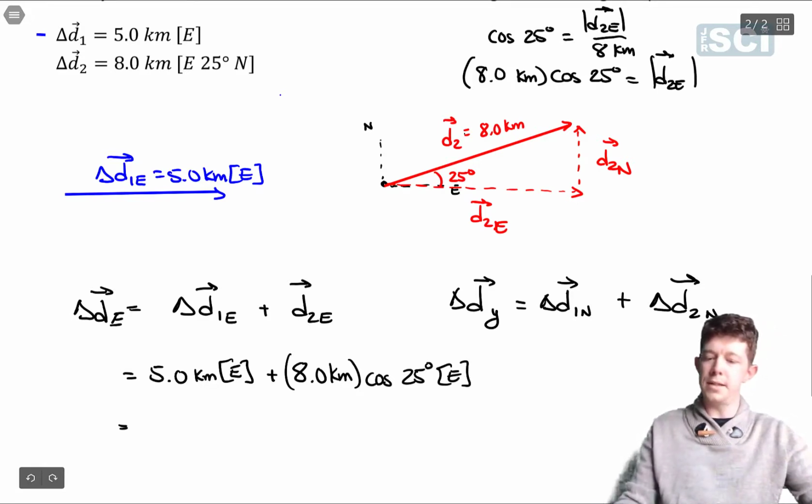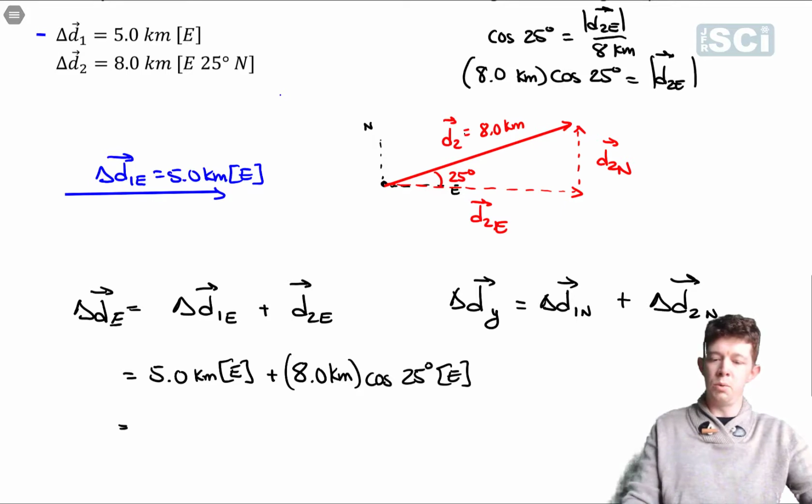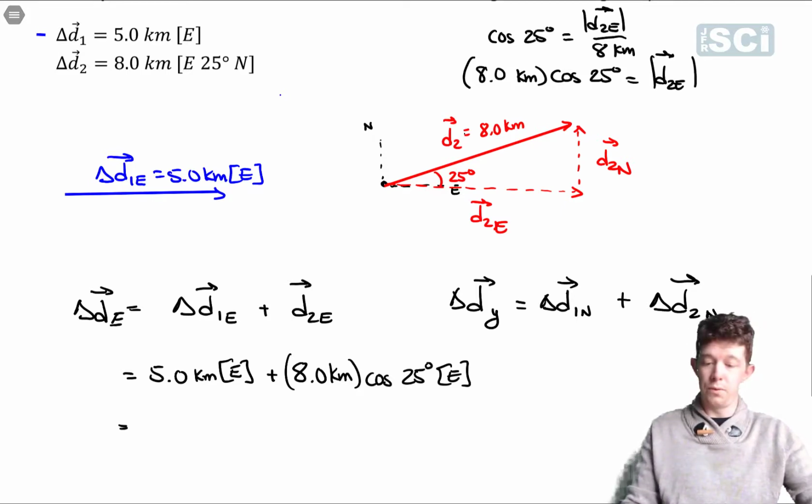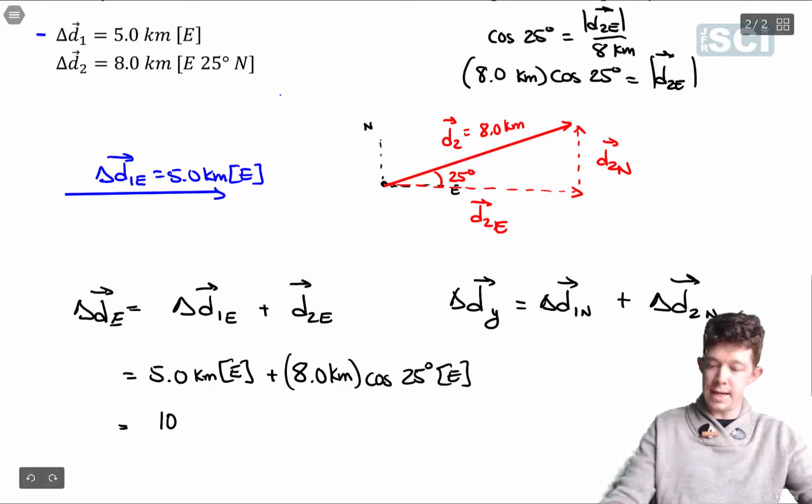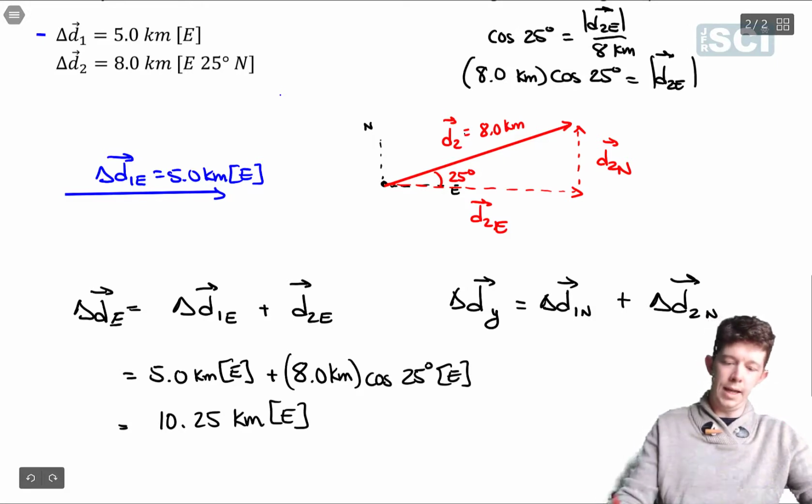And I'm going to add these together. So I need to determine what 8 cosine 25 is and add it to 5. And if I go ahead and do that, I get 10.25 kilometers east.